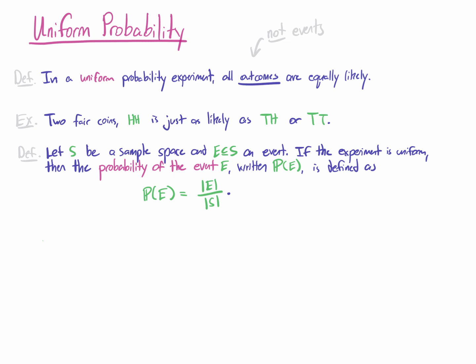So let's do a few examples in which we calculate the probability of some events. First example, let's consider the two coin flip experiment. Recall that in the two coin flip experiment, I have the following possible outcomes. Here's my sample space.